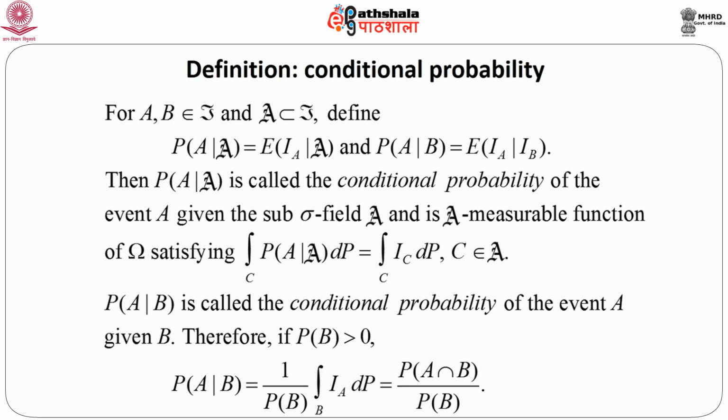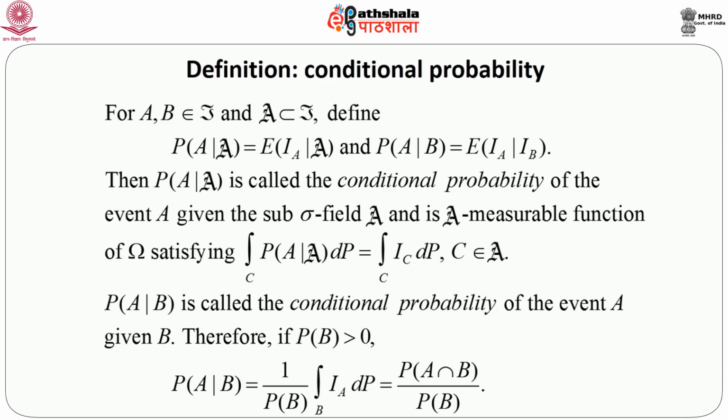Now once we define conditional expectation, one can ask the question: initially we defined probability, and from there we defined random variables and hence expectation. Here, for the sake of simplicity, we move the other way around, that is we have defined conditional expectation first. So naturally we should be able to define conditional probability from now on.